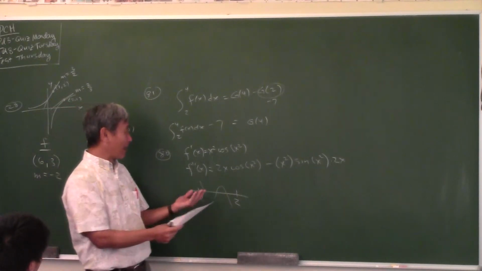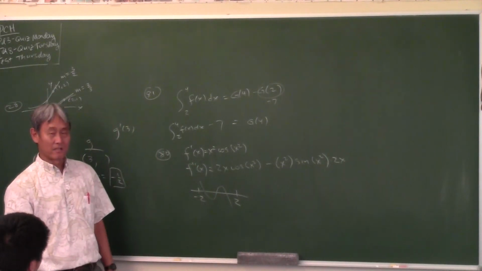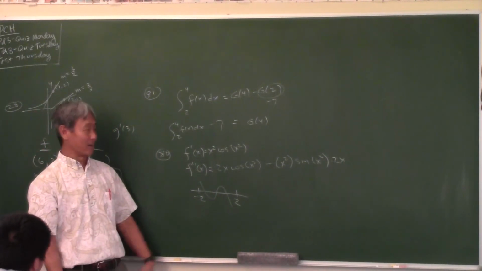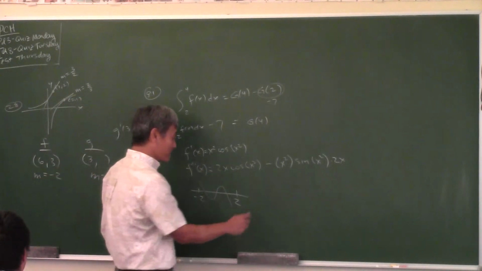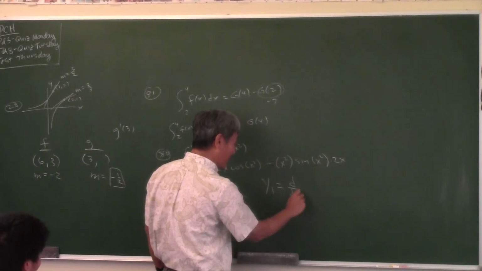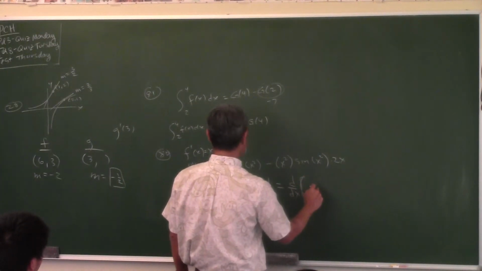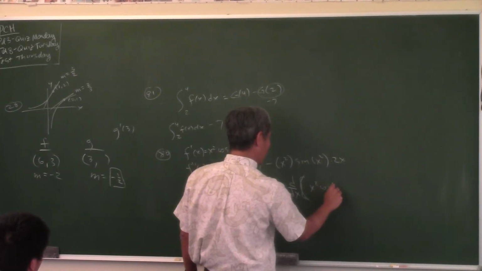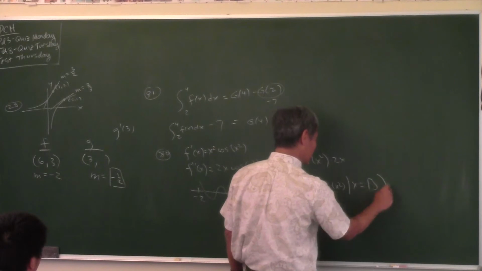Now, Mr. Park, that's kind of messy to do the product rule. Is there a way that I can just tell the calculator, just graph the derivative of this? Yes, we just talked about this last week. Just tell your calculator, do this. Graph the derivative of x squared cosine x squared with respect to x equals box.